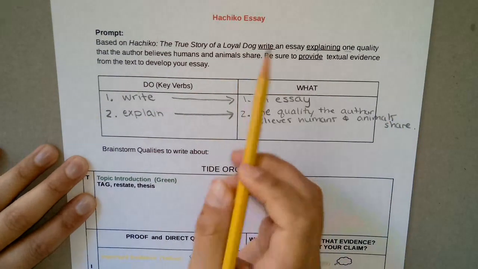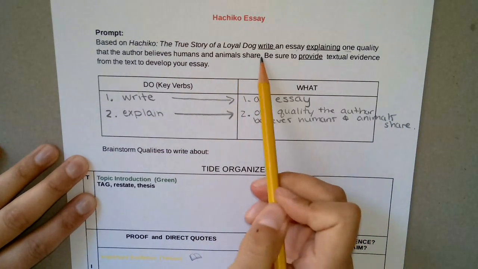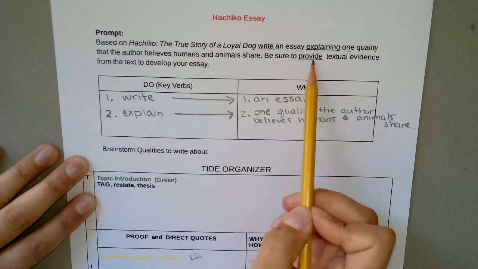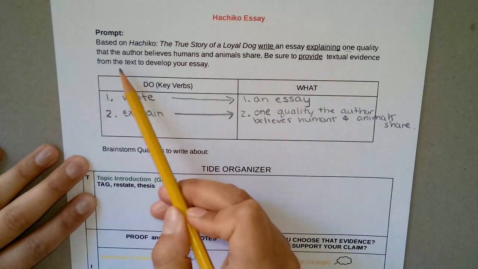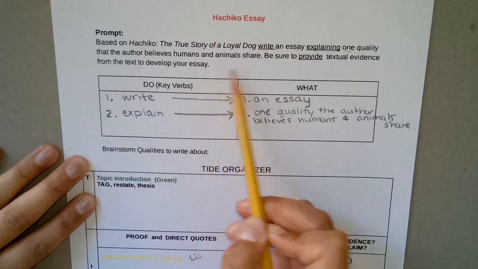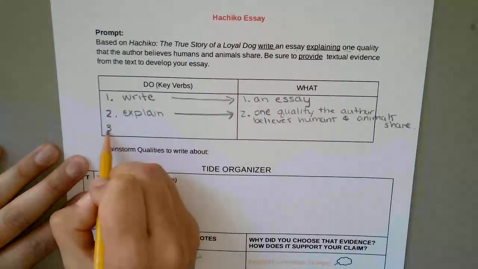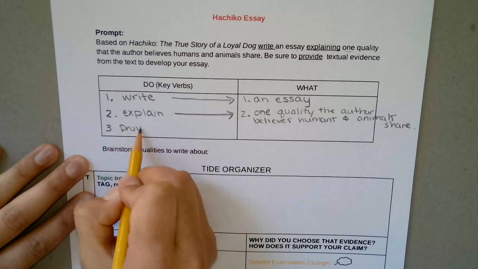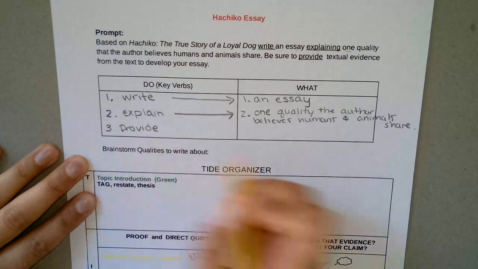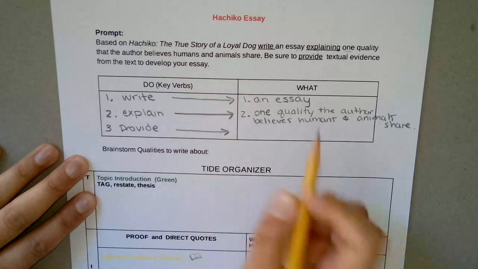All right, let me go back into my prompt. So I ended here. Be sure to provide textual evidence from the text to develop your essay. Okay, what is it I have to do? Oh, I have to provide. Provide, okay. What is it that I have to provide?